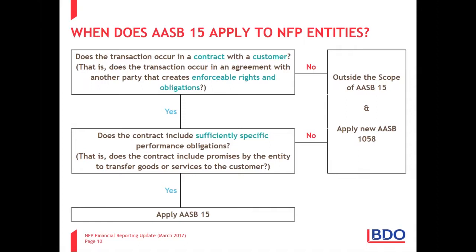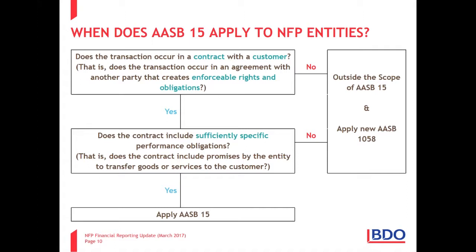So to answer this question, a little bit of a decision tree, and the decision tree illustrates 2 hurdles. The first hurdle is, does the transaction occur in a contract with a customer? So putting it differently, does the transaction occur in an agreement with another party that creates enforceable rights and obligations? So 3 key things in there. I need a contract, I need a customer, and enforceable rights and obligations.